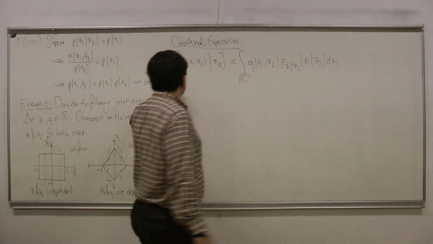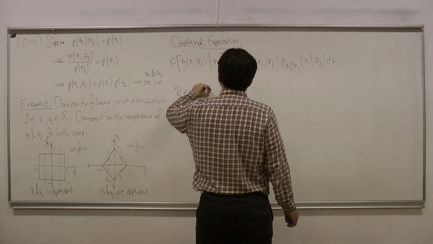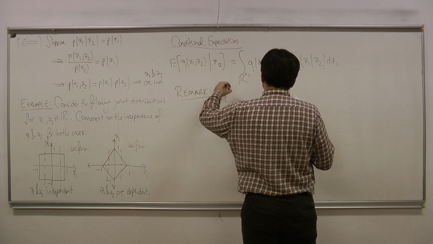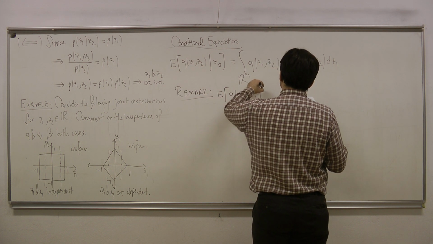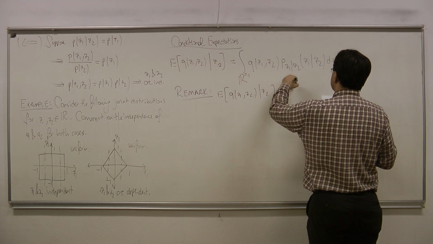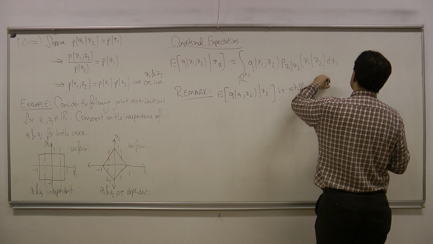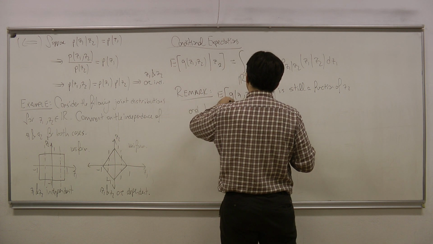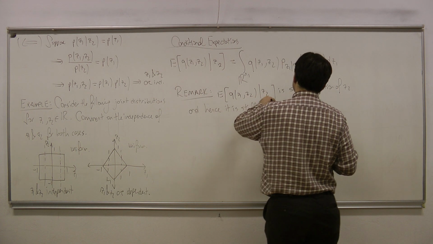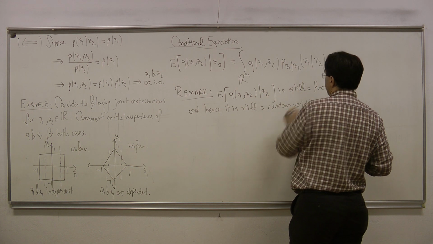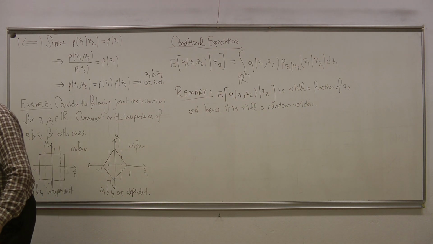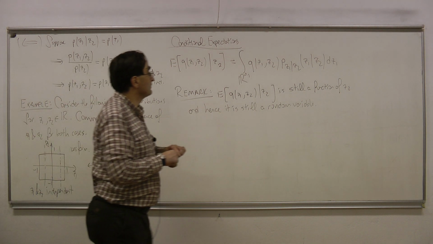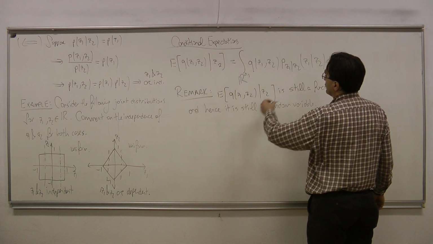What does that mean? Let us write. The expected value of Q of Z1, Z2 given Z2 is still a function of Z2, and hence it is still a random variable, or a random vector if you wish, depending on the structure of the function Q. So this is still a function of Z2.